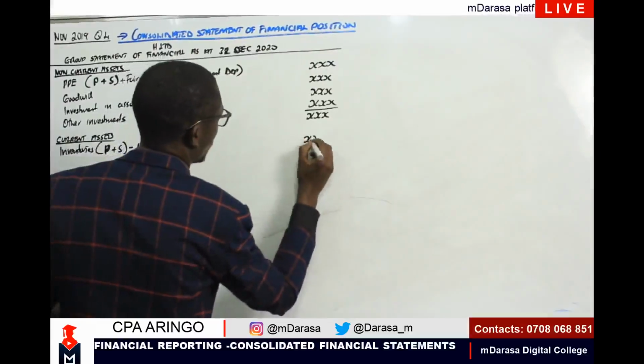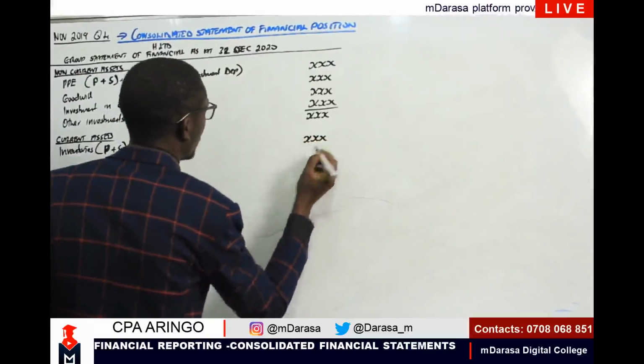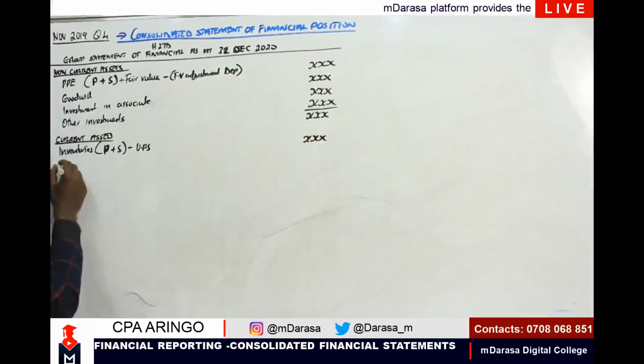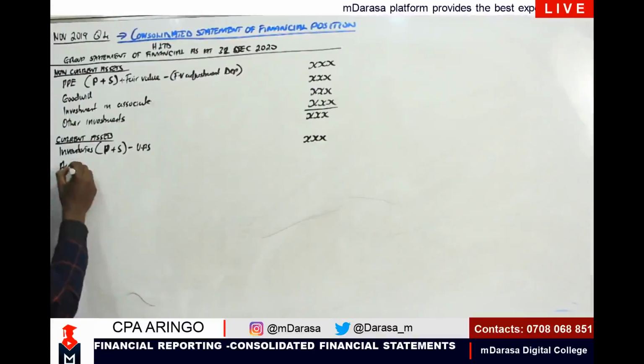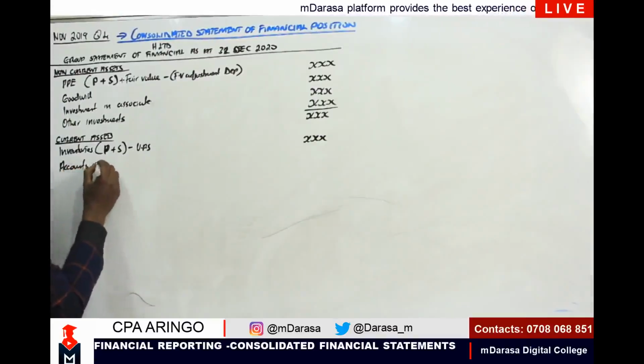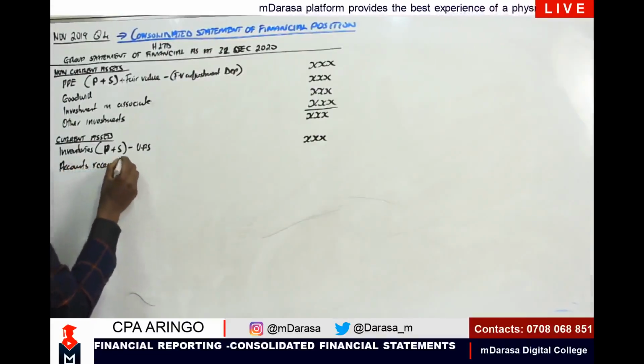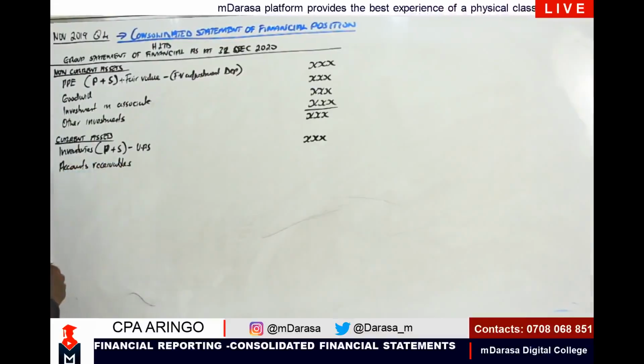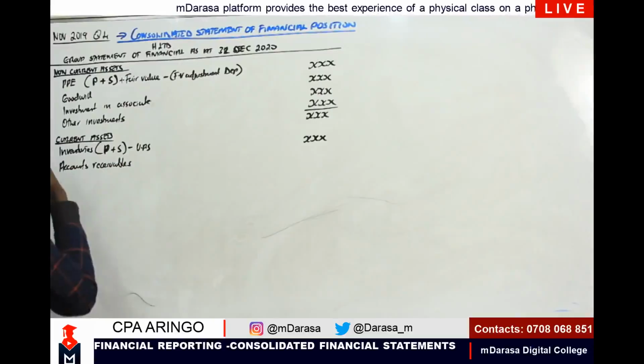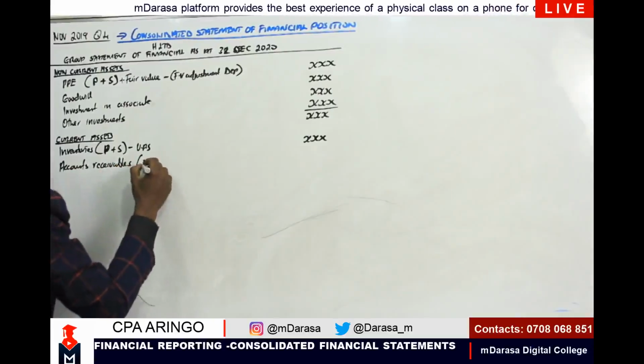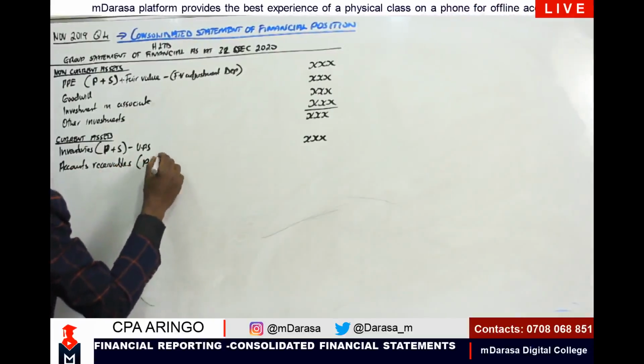Then talk about our figure there. Consider our accounts receivables. For accounts receivables, of course, you're going to have the parent. We add our subsidiary.